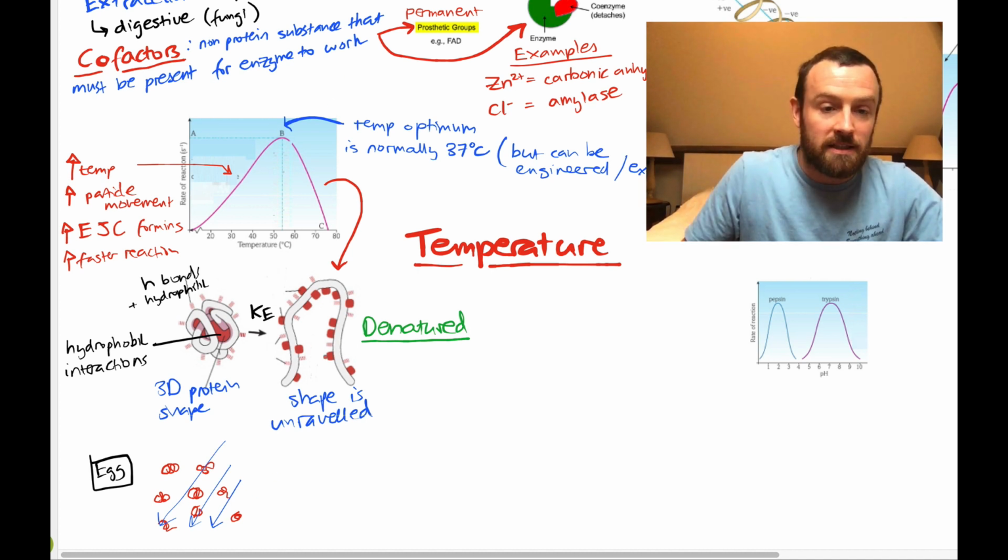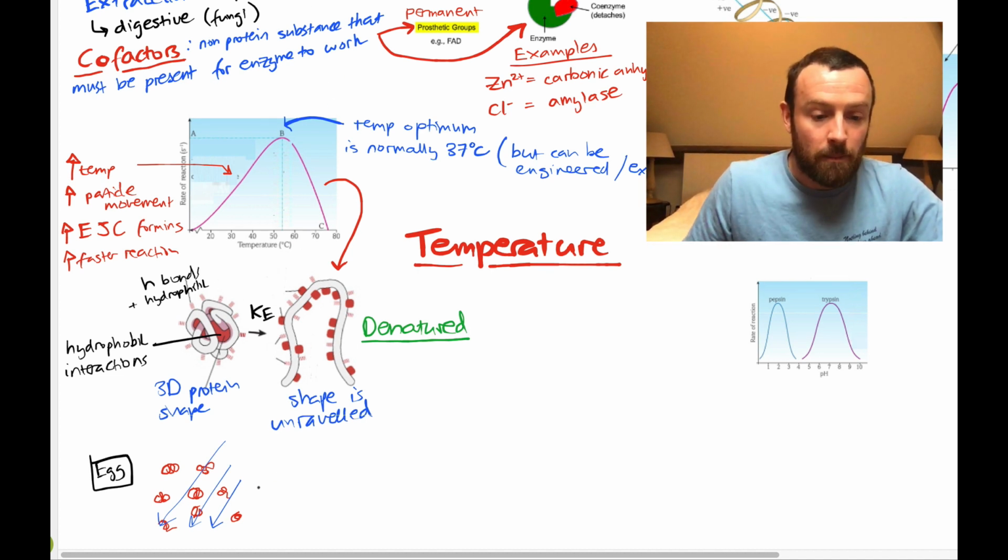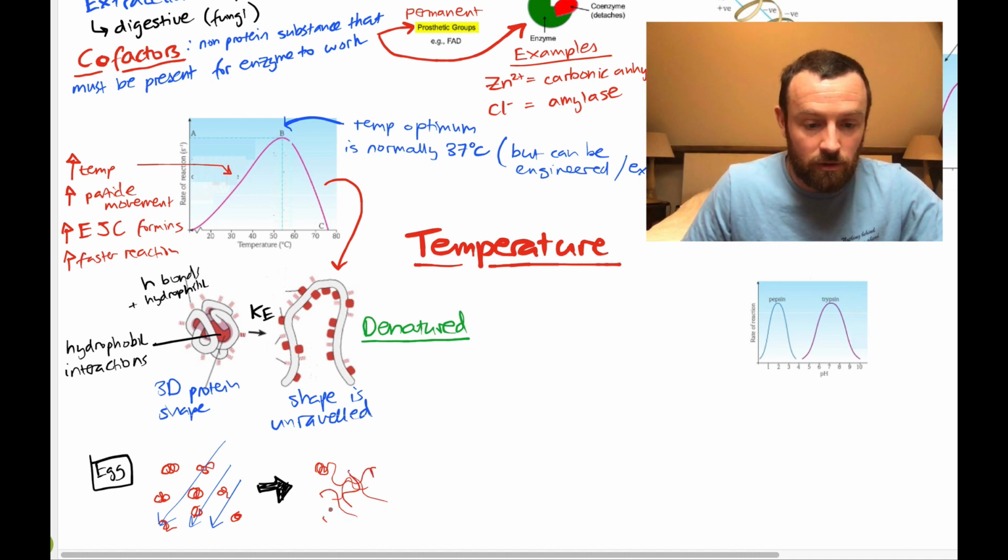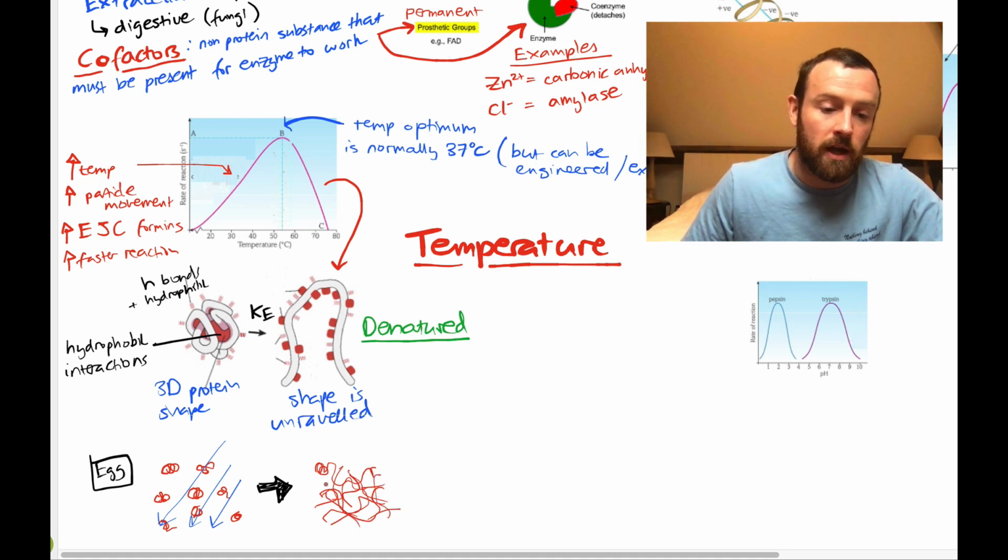But when you cook an egg, all those little albumin proteins unravel, and then they start to tangle together. This little protein here unravels, and they all unravel, and it becomes a massive tangled mess. So egg white, as we know, when we cook it, it's white.